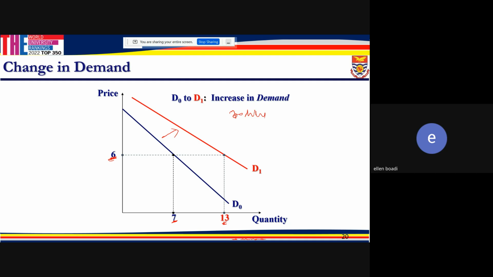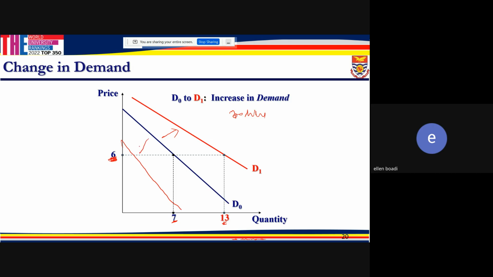In the same way, if it had been a decrease, if at the same price we are reducing the quantity we are demanding because now our taste and preference has changed, it means we'll have a new demand curve, and this demand curve will be to the left.